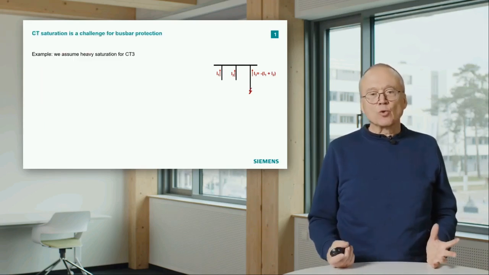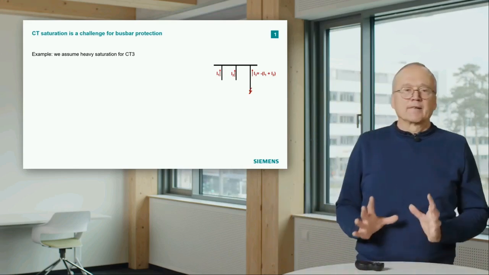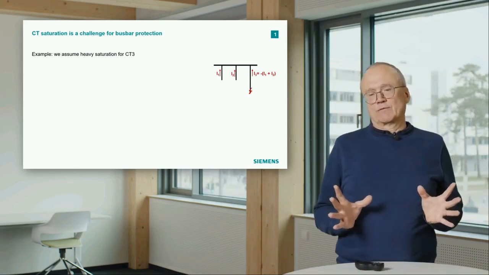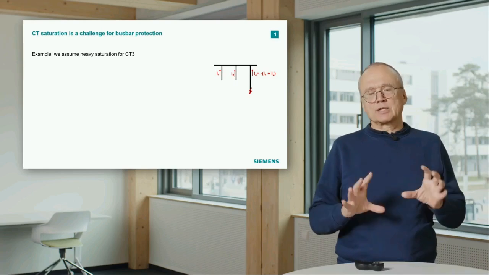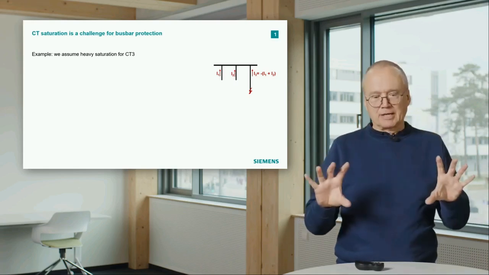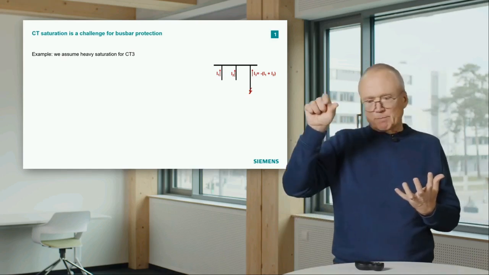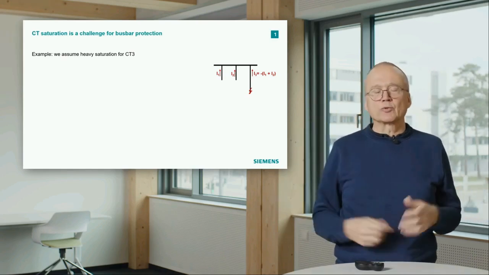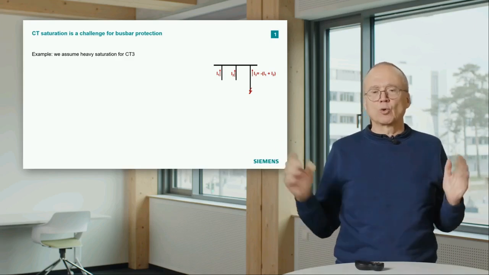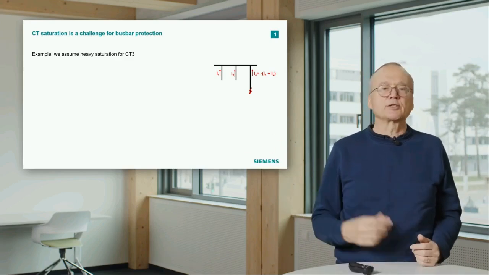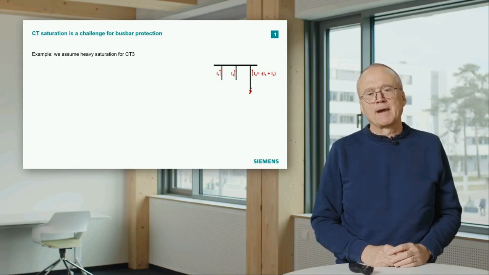And now let's assume what can be the critical situation for that. The critical situation is you have a big busbar with a high short circuit power, and on this busbar you have one auxiliary feeder which does just some local supply. That means you have a pretty small current transformer.